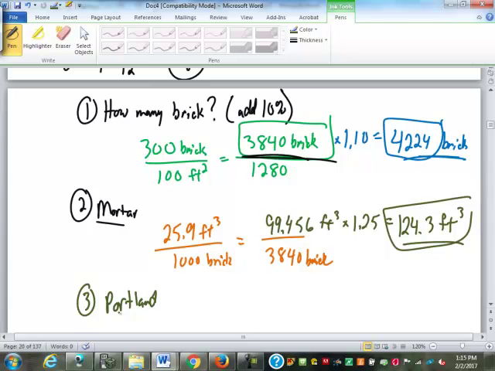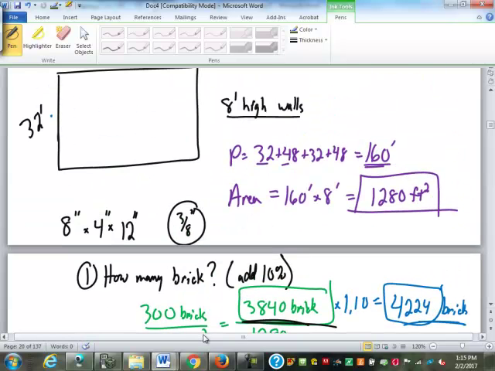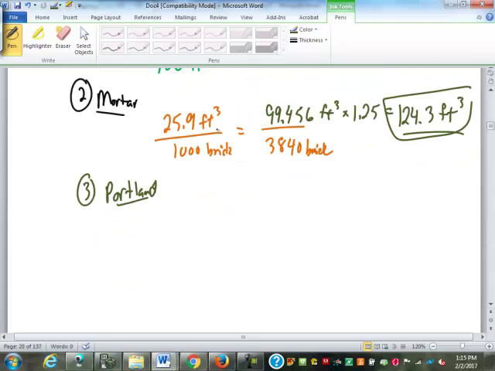So how much Portland? Did I say what type of mortar I was going to use? I did not yet. Let's say I tell you that we are going to use a type S mortar. Portland is 124.3 cubic feet times 0.21.